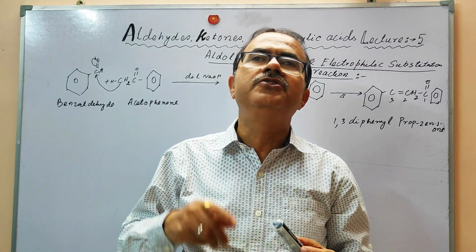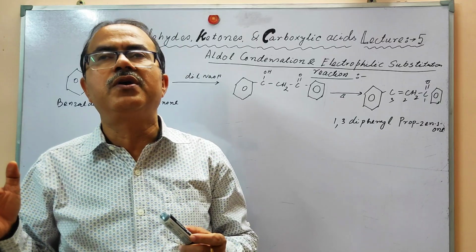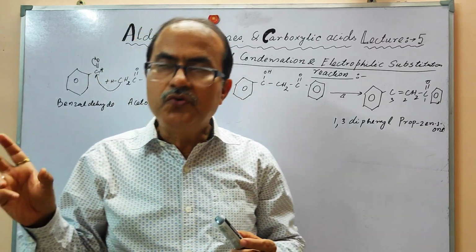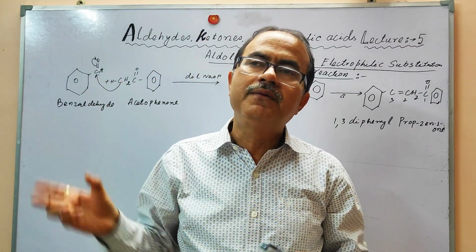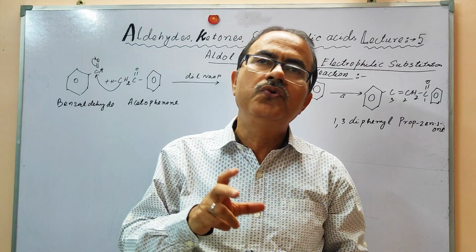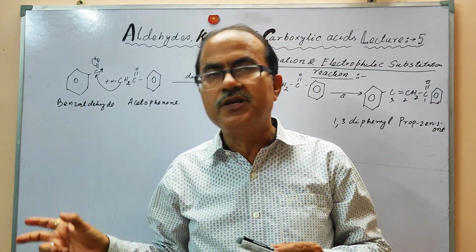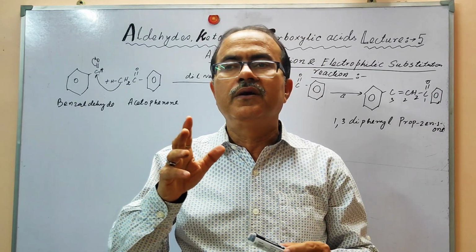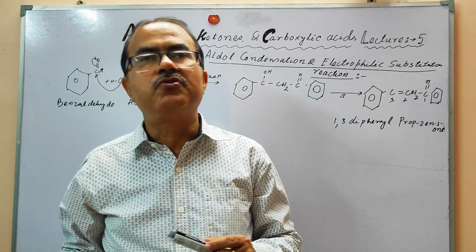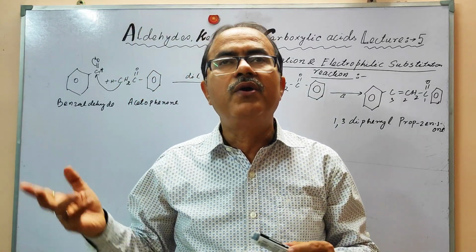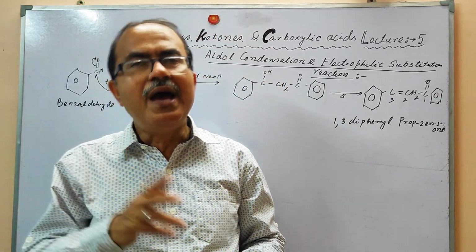In this case, there is a disproportionation reaction, which means one molecule will be oxidized and the other molecule will be reduced to the alcohol. One molecule will be oxidized to the salt of the corresponding acid, and the other to the alcohol.